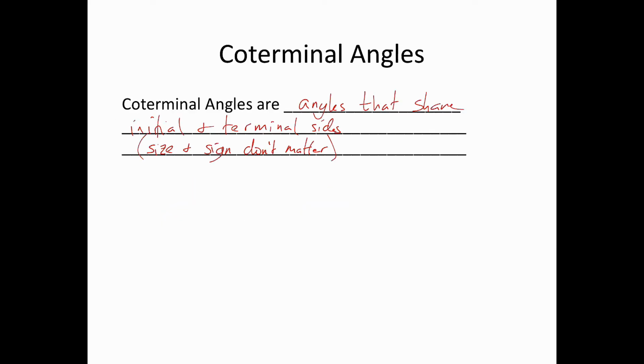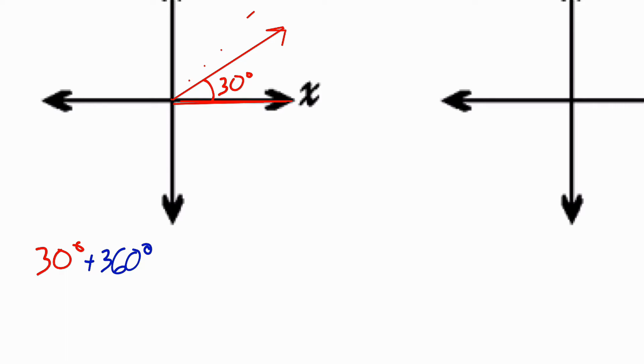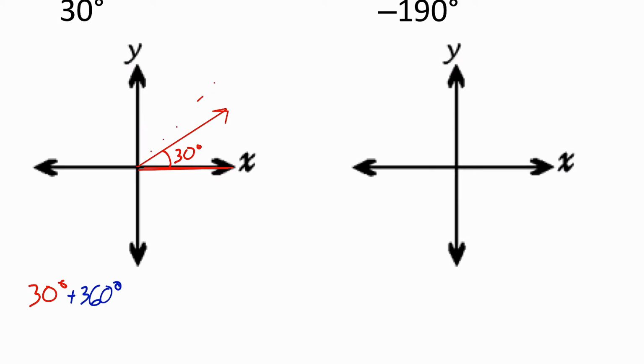So I'm going to take 30 degrees here and add 360 degrees to it. It's kind of like if I were to take this 30-degree angle here and then just draw a full circle. Let me actually change it to blue. I'm just going to start from that side and add another full circle. So I'm really adding 360 degrees and I end up at the same spot. So 390 degrees works.